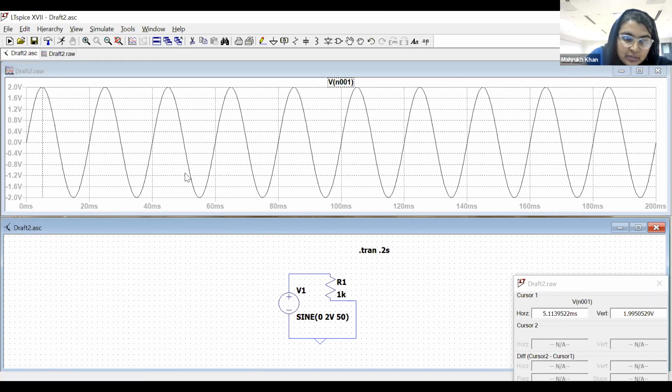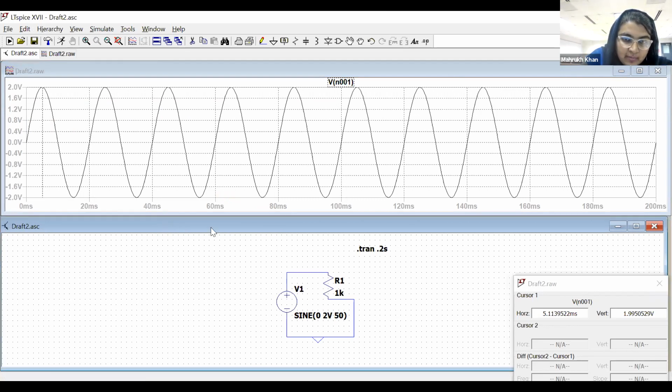So when you are dividing your RMS voltage by your current, you should get the resistance. Now you learned that your RMS voltage was peak voltage divided by square root of 2, which makes 2 by square root of 2.